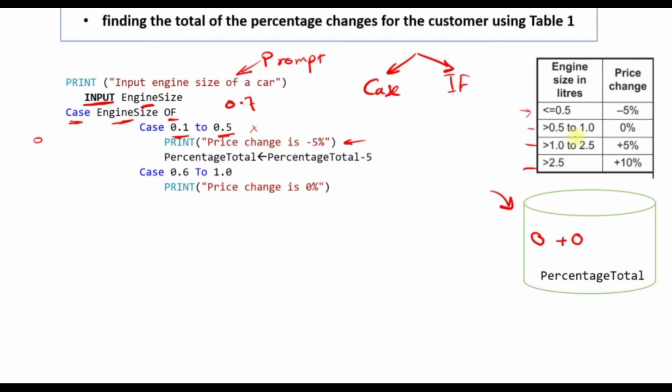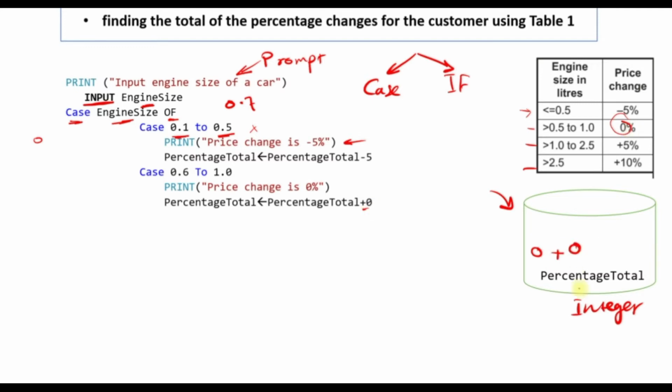Now, since this variable type is integer, it stores all the percentage values. Since the value is 0.7, what will happen? The percentage total, which is 0 at the beginning, because we declared this variable as integer and the initial value is 0, so the initial value 0 plus, according to the table here, 0%.